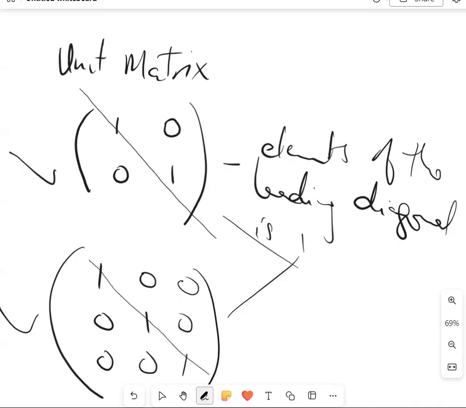As a matter of fact, all unit matrices are diagonal matrices. Diagonal matrices are matrices where all the elements are 0 except the diagonal, right? Or what I call the leading diagonal elements, right? And those can be non-zero, right?